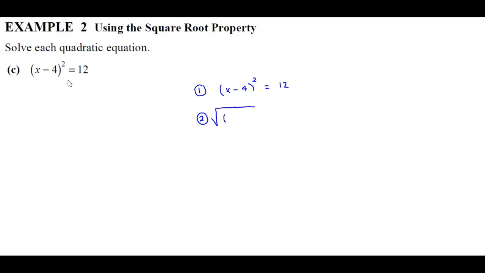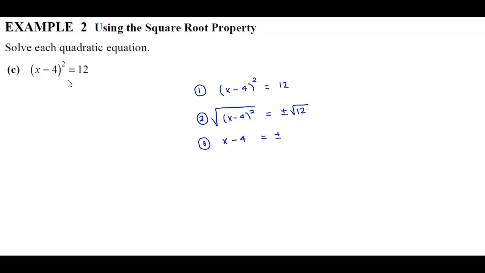So we're going to take the square root of x minus 4 squared, and that's going to equal plus or minus the square root of 12. Okay, so what do I need to square to get x minus 4 squared? Well, we know that that result is going to give us x minus 4. And that's going to equal plus or minus the square root of 12.